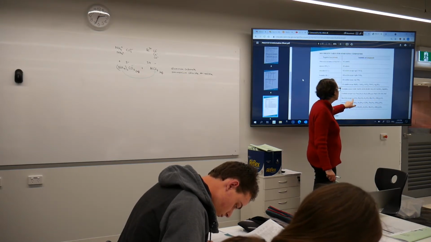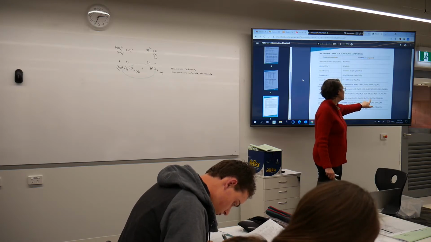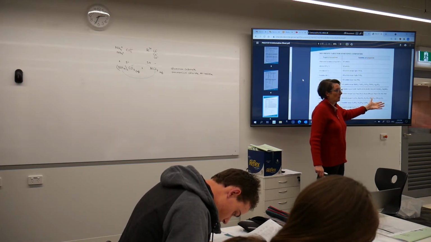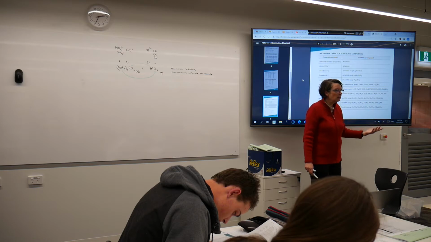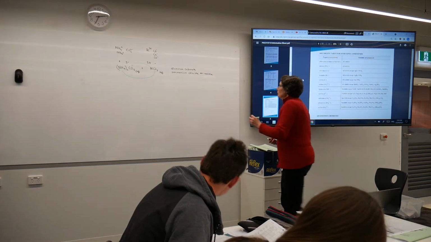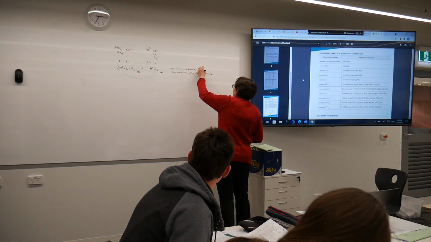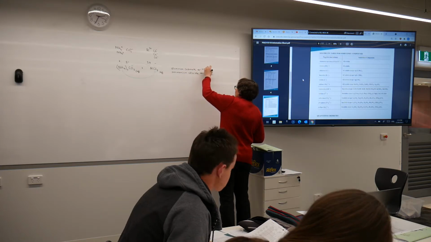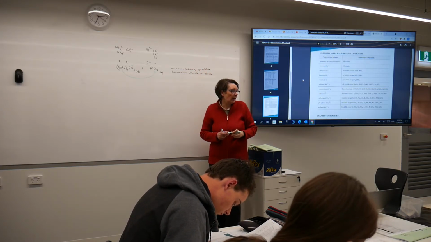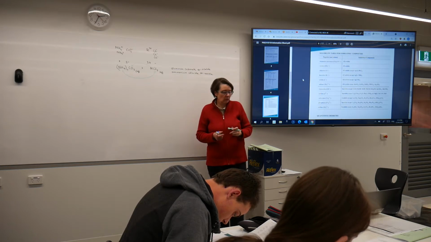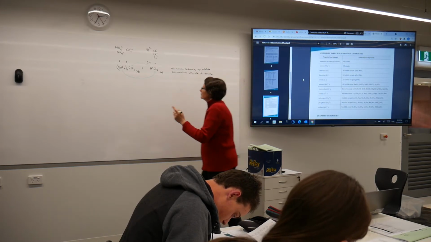And I'm looking to see, is aluminium listed as the cation? No, it's not. So my aluminium carbonate must be insoluble. So yes, I am going to be writing out a precipitation equation for these two.